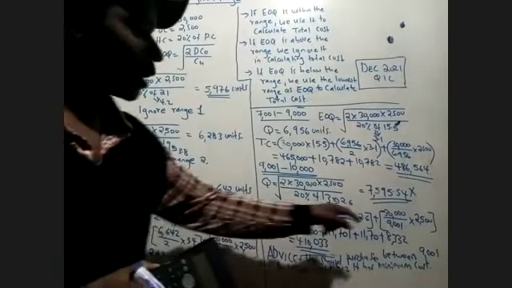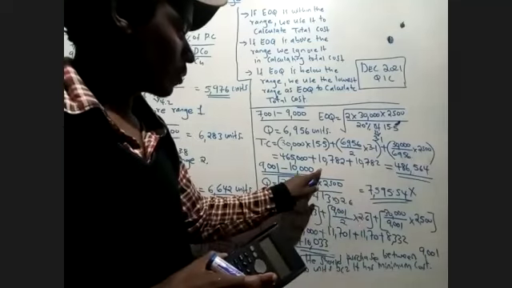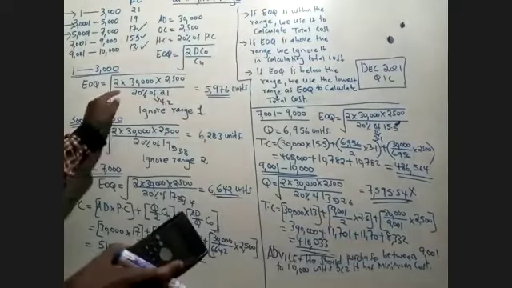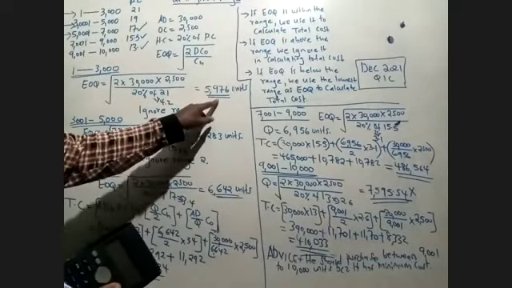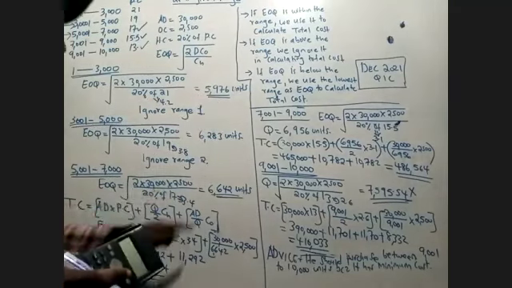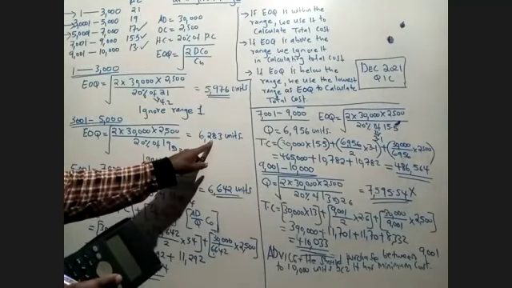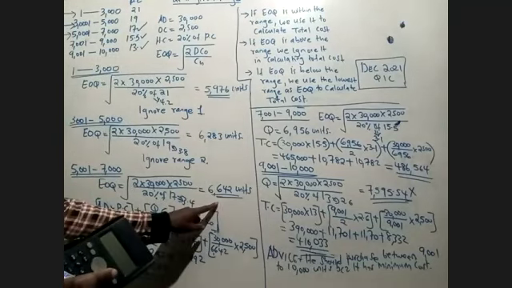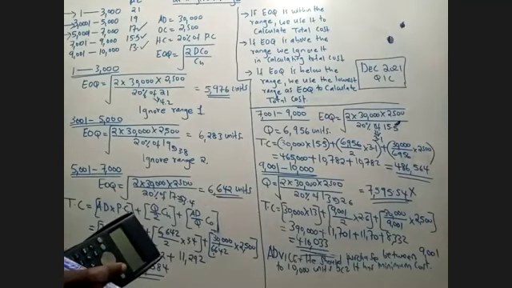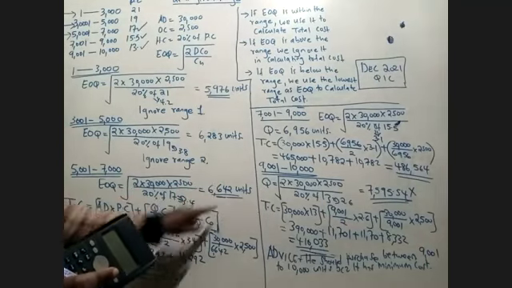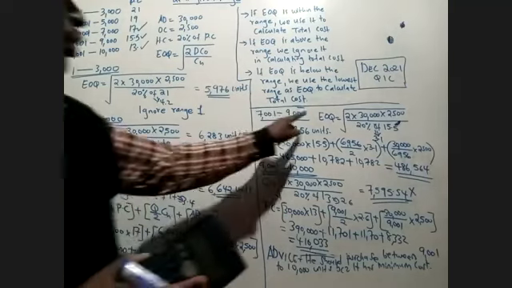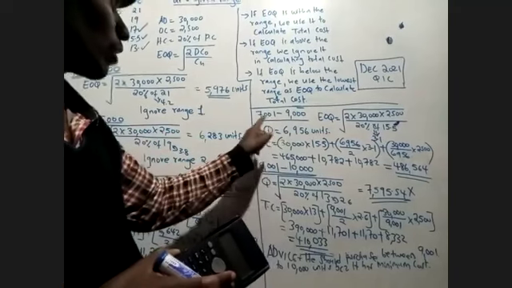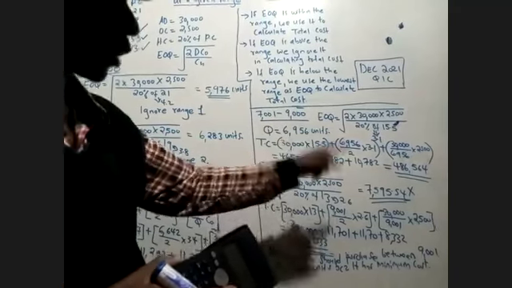If you find the EOQ is above the range, we ignore. So we have seen three things. The first one, we found the EOQ is above the range, so we ignore. The second part, also above the range, so we ignore. The third part, it is within the range, so we use the EOQ to calculate the total cost. This one also, our EOQ is within the range, between 7,000 and 9,000, so we use it to calculate our cost.